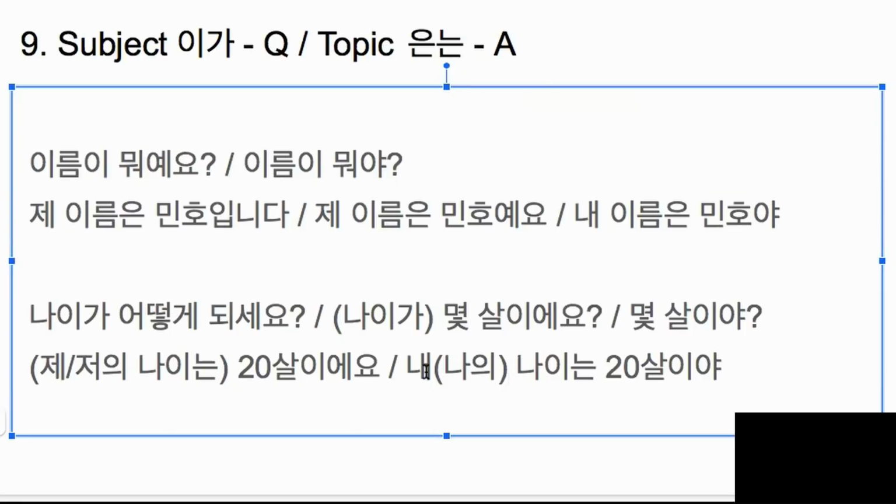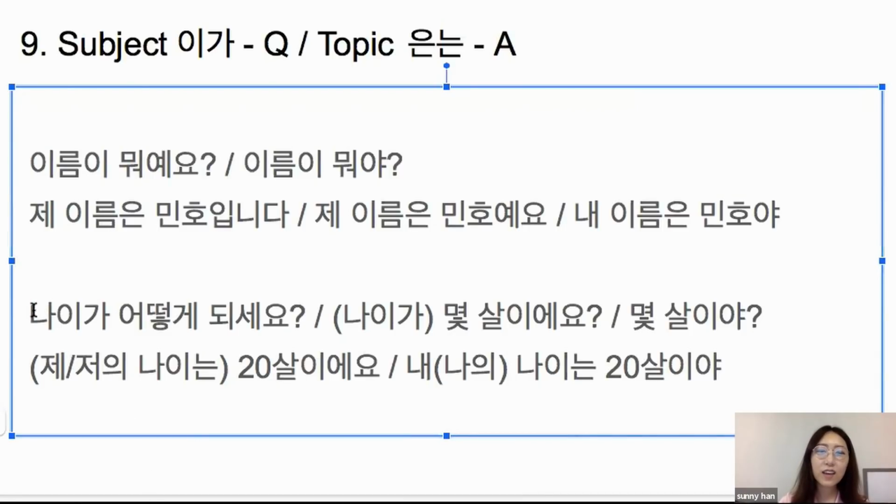But Sam, for the formal sentence 나이가 어떻게 되세요?, it can also be 연세가 어떻게 되세요? Oh, okay. You can use 나이가 어떻게 되세요? even if someone is younger than you, the same age, or older than you.